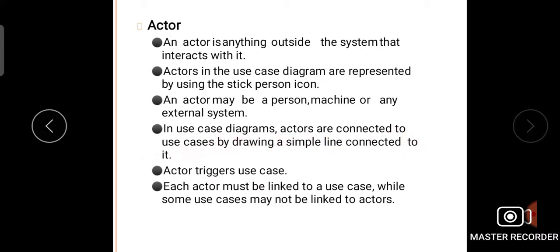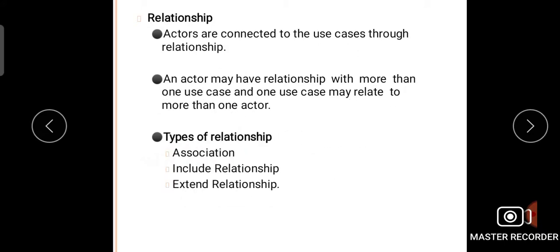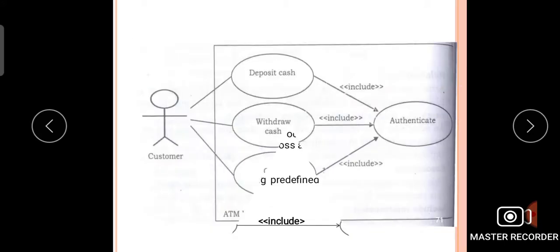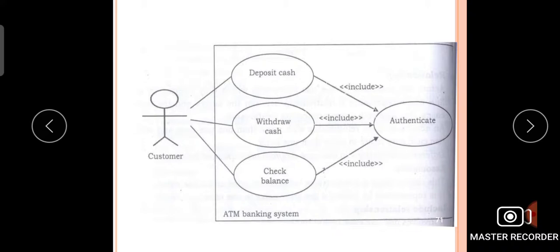So here let's start the use case diagram with a figure. This is a very simple example of a use case diagram using an ATM banking system. Here this is our actor, known as the customer. All of these are our use cases, drawn as ellipses: deposit cash, withdraw cash, check balance.